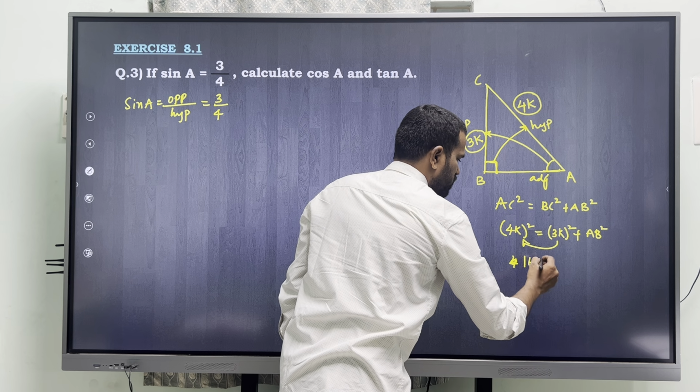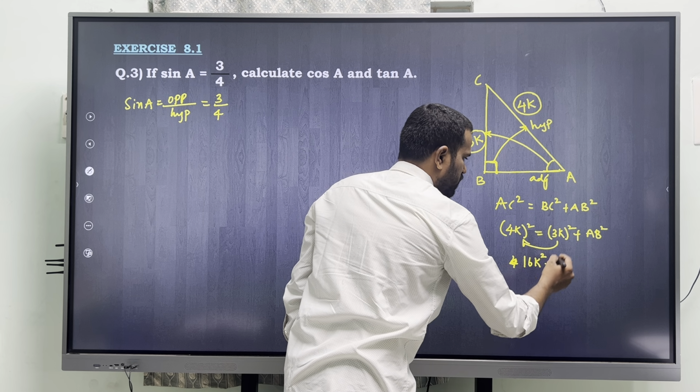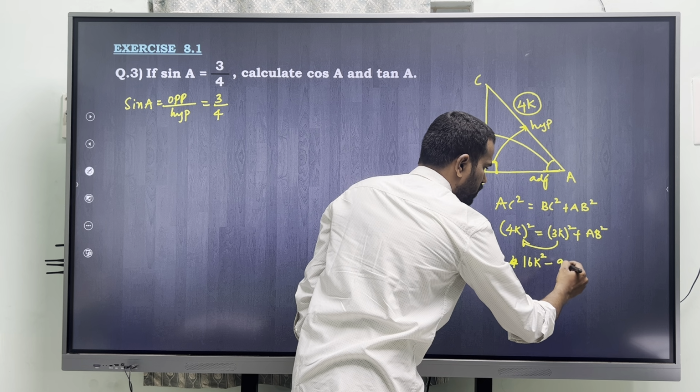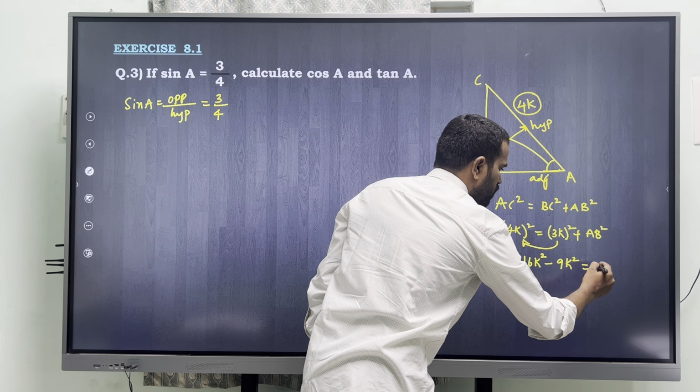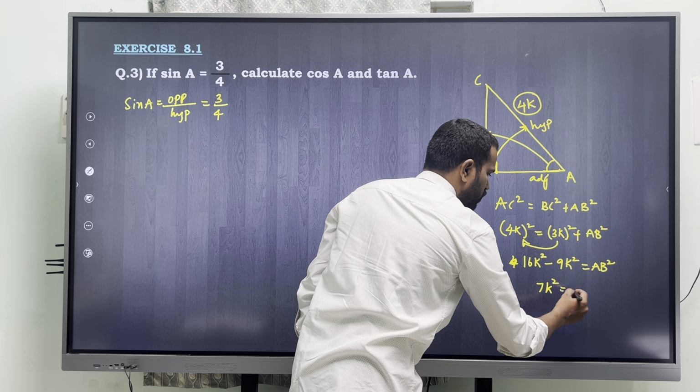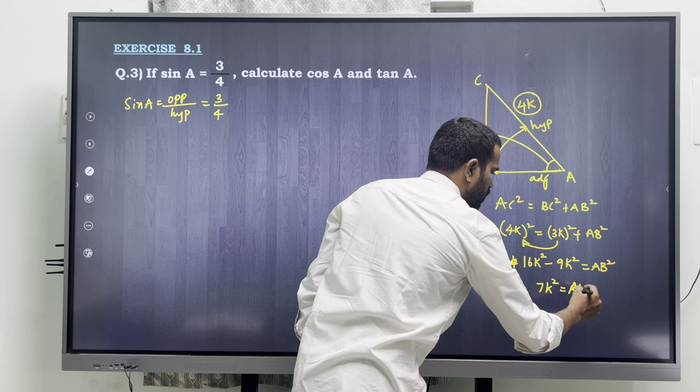If it goes to this side, 4k square is 16k square minus 3k whole square, which is 9k square, equal to AB square. So 16 minus 9, 7k square equals AB square.